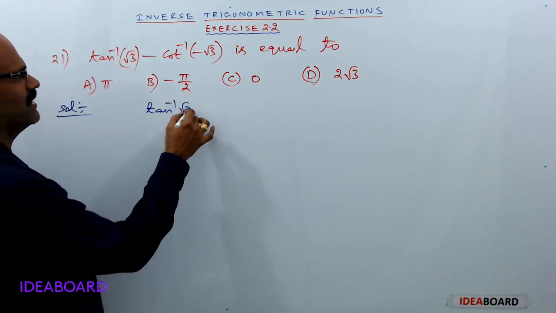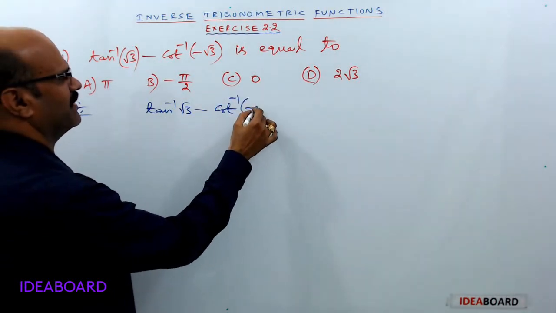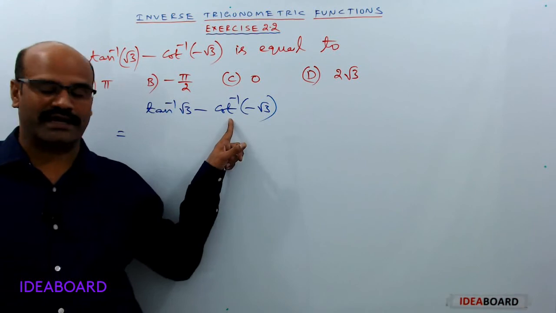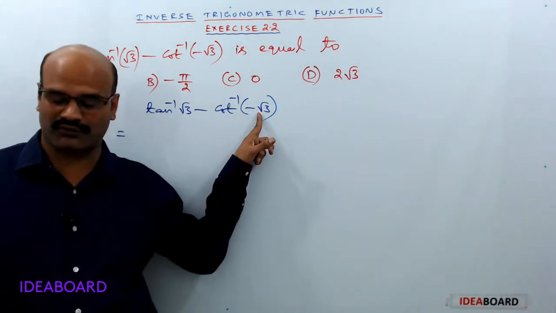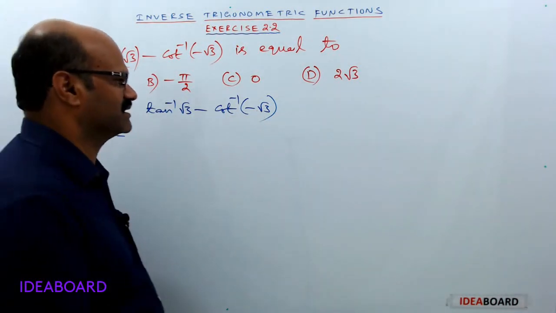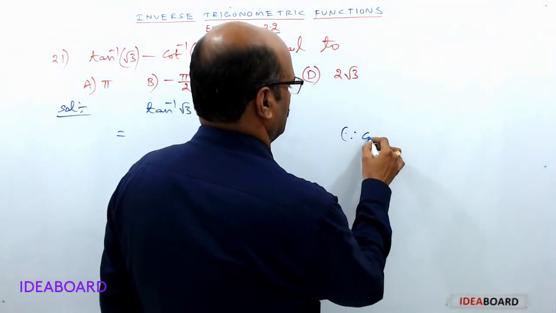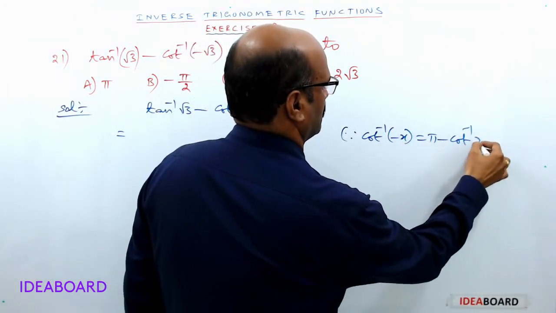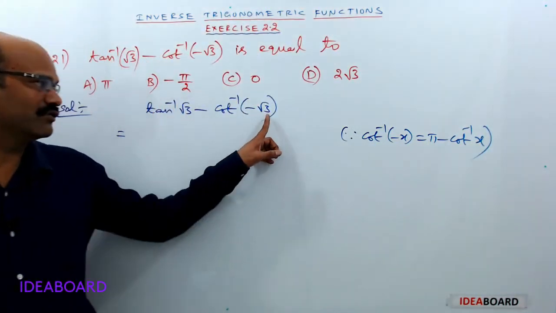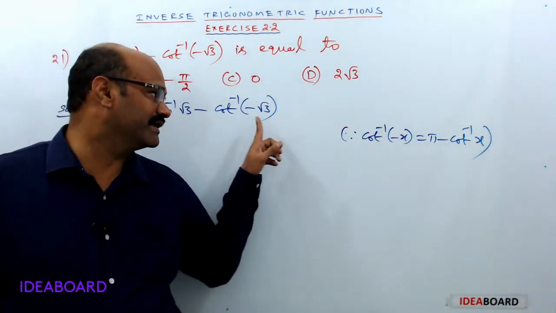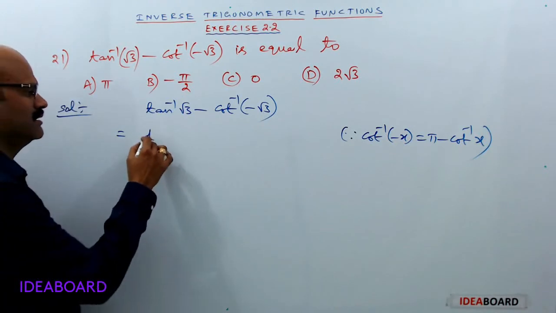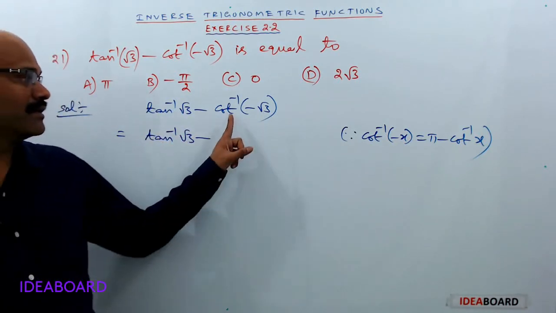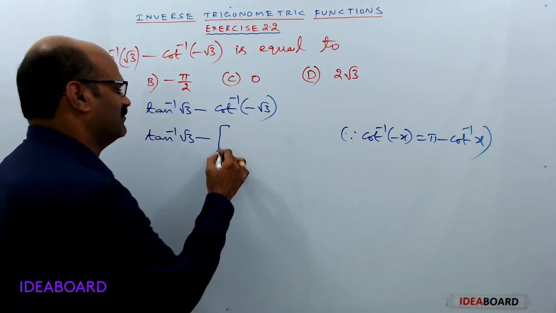Tan inverse of root 3 minus cot inverse of minus root 3 equal to, we know that cot inverse of minus x equal to pi minus cot inverse of x. Here x equal to root 3. So it can be taken as tan inverse of root 3 minus, pi minus cot inverse of root 3.